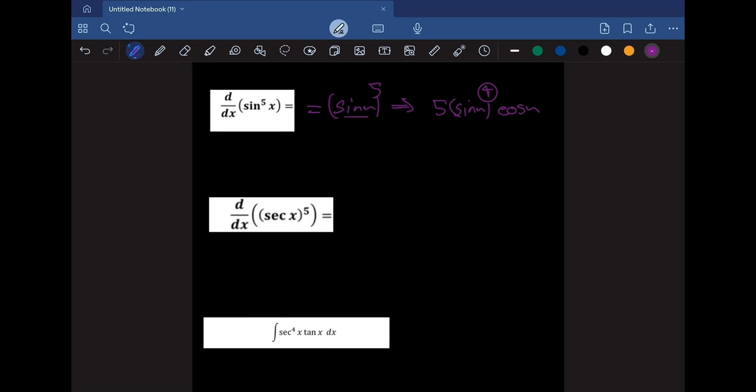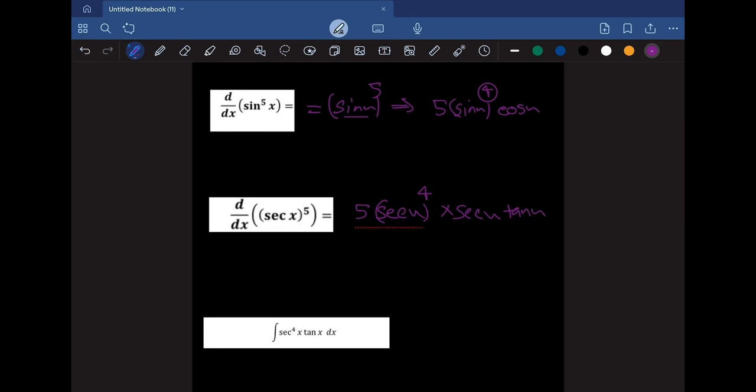But when we differentiate sec to the power of 5 x, the power of sec doesn't decrease. Okay, so you have to remember that in terms of integrating as well. So here we will write 5 sec x to the power of 4 into sec x tan x.